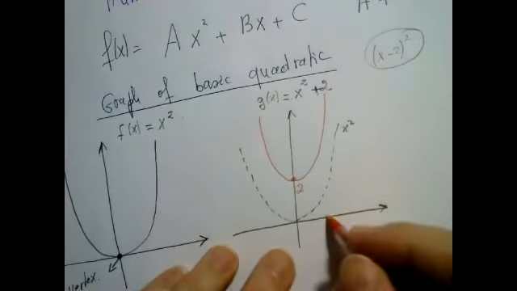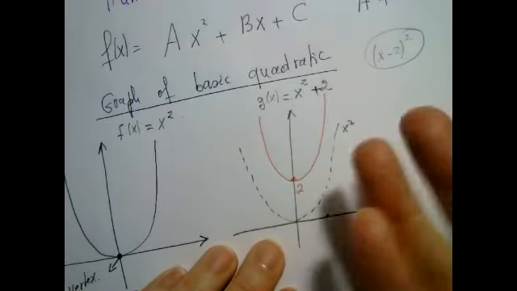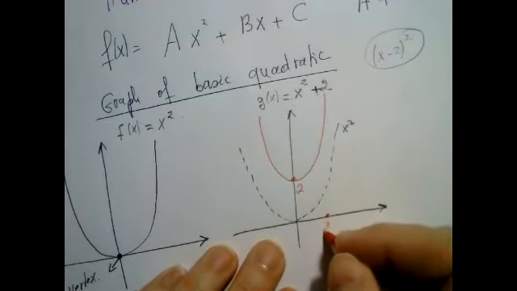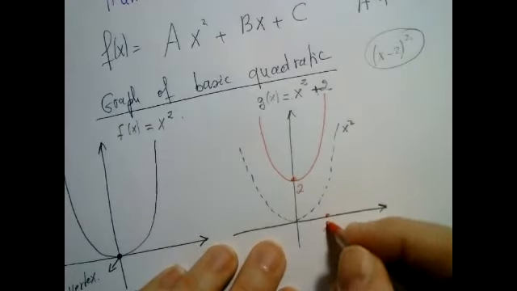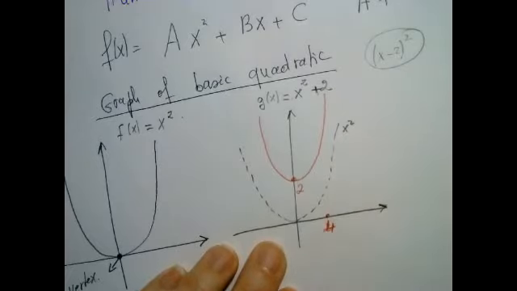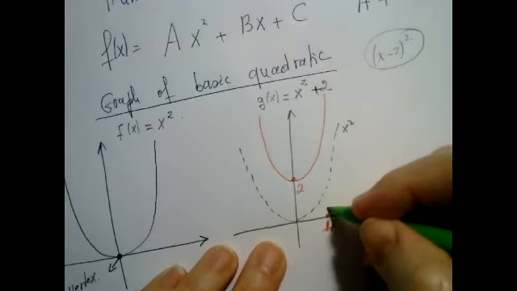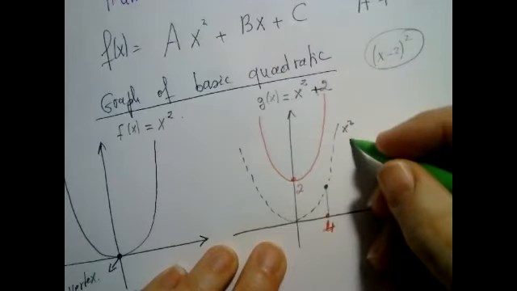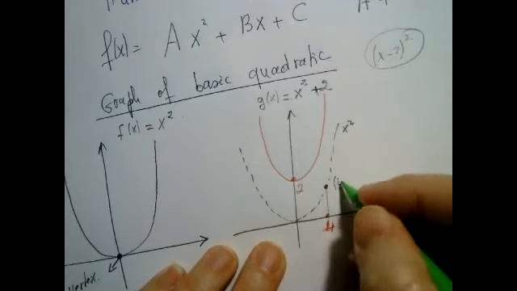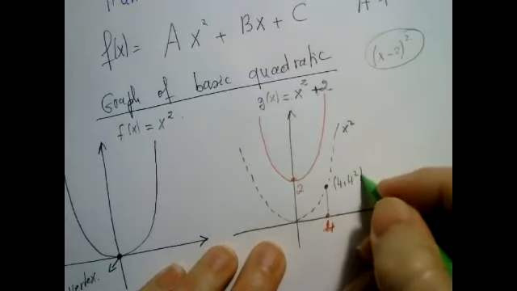The reason is, suppose I take any value of x. Suppose I take 4 here. On the graph of x squared, the output is 4 squared.